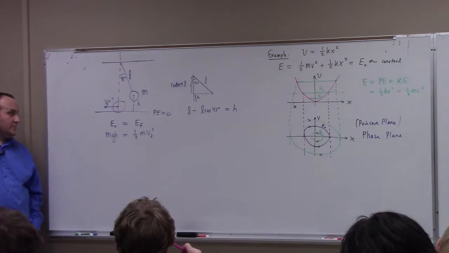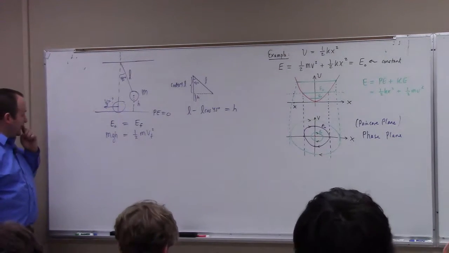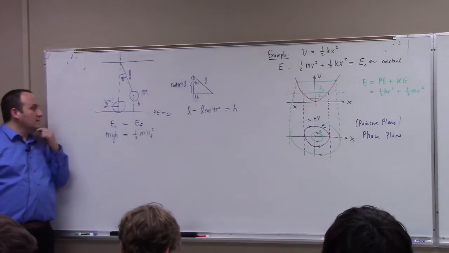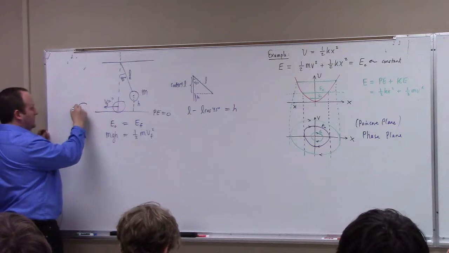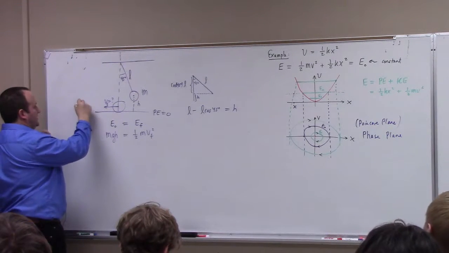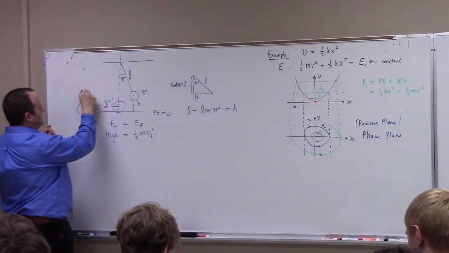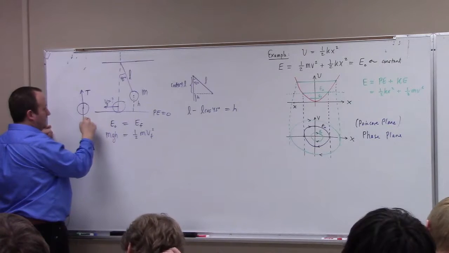Well, tension, remember, let's see here. So the tension, what direction does the tension go? At the base of the swing, the tension's like this, right? T. And you've also got what other force? mg.